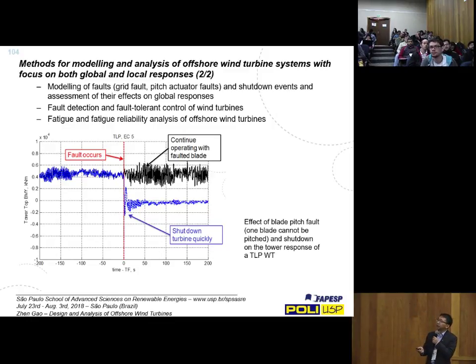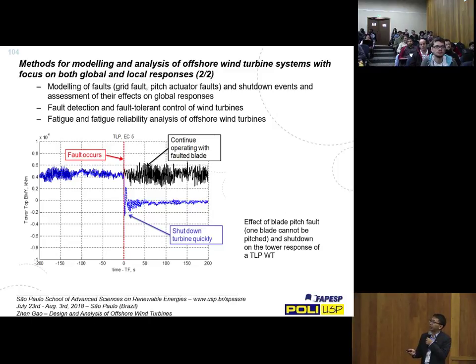Here is just showing some of the analysis we have done, showing the tower bending moment as a function of time during normal operation, and then when this fault occurs. Here it is referring to one blade that cannot be pitched. During this operation you would have increasing dynamics in the tower bending moment.